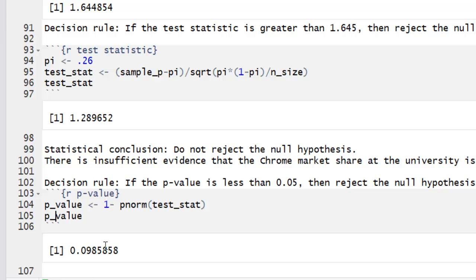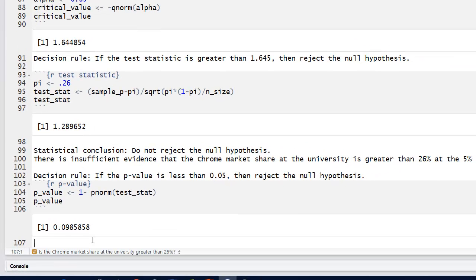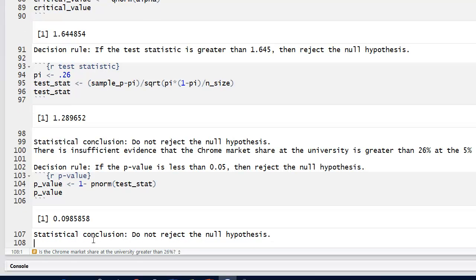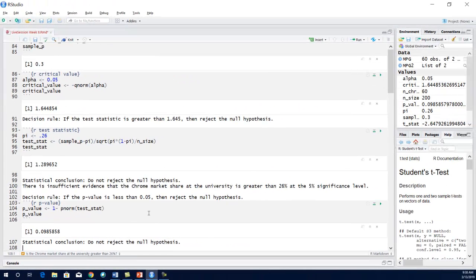This is clearly greater than my significance level. So the statistical conclusion is also the same: do not reject the null hypothesis. That's not surprising because the critical value approach and the p-value approach are equivalent. They always lead to the same statistical conclusion. They're just two different paths to answer the question.